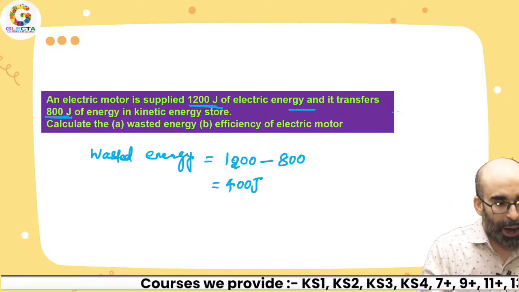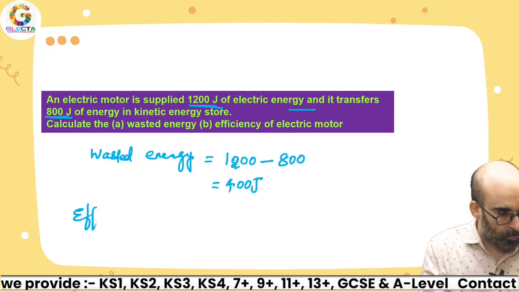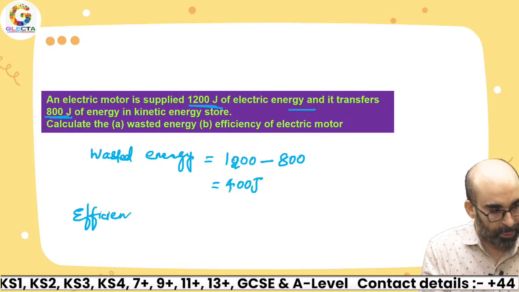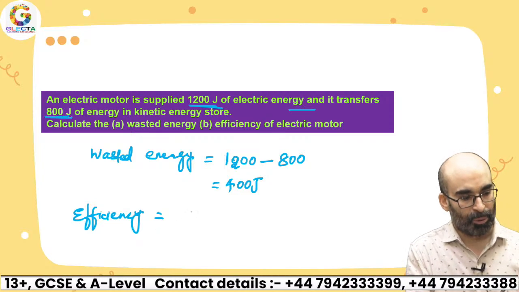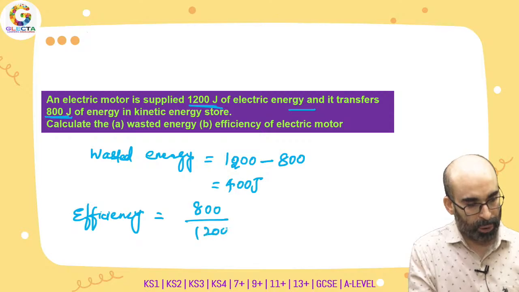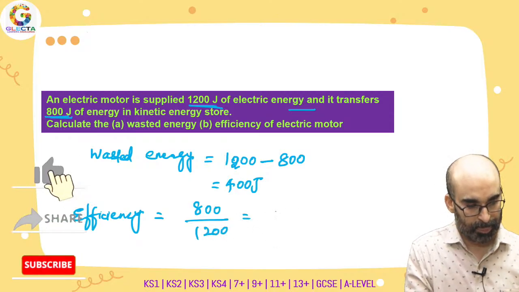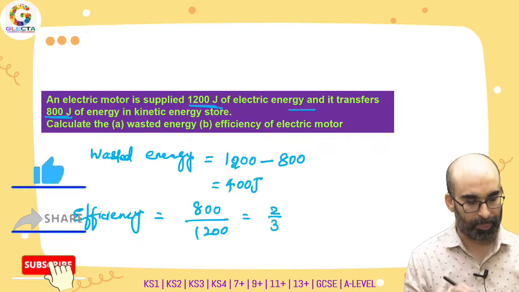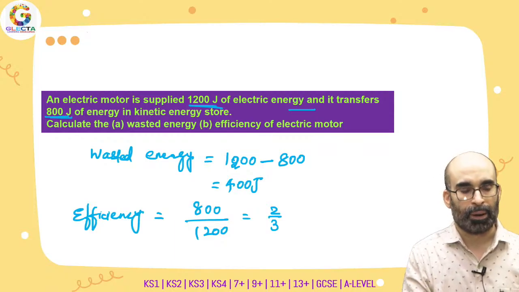Okay, now how would you calculate the efficiency? It would be calculated as 800 over 1200. Come on, tell me what's the answer.